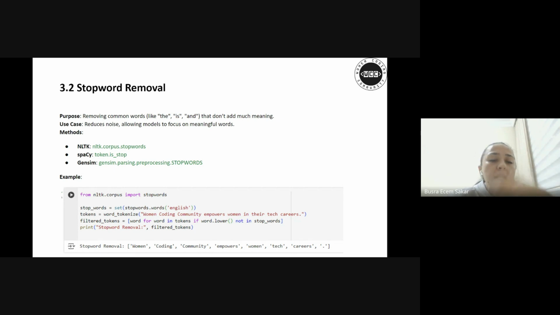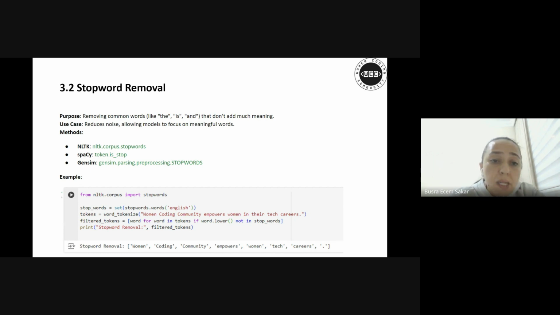But I want to mention one important point. Removing words like is can change the meaning of a sentence because they play an important role in the sentence meaning. Stop word removal is useful in many tasks, but we need to be careful, especially in tasks where understanding the full meaning and structure of the sentence matters, like sentiment analysis.